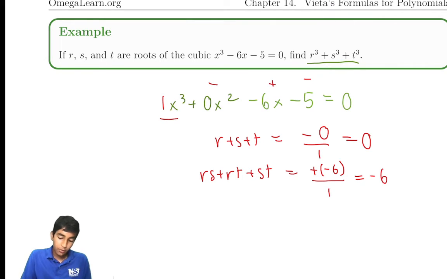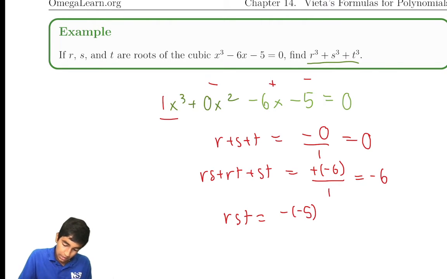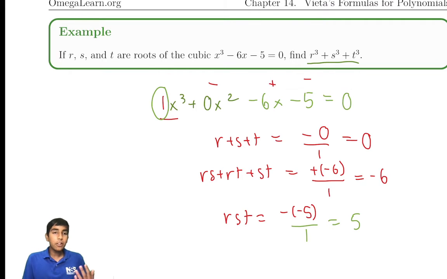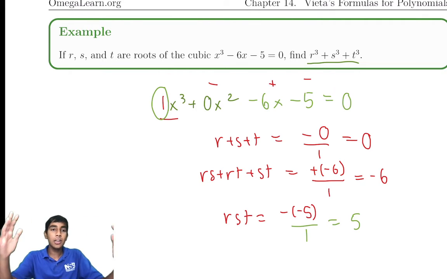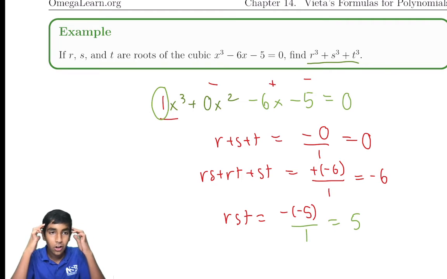And then the product of the roots rst is negative of negative 5 over 1, which is just 5. But we're asked to find r cubed plus s cubed plus t cubed. What should we do?